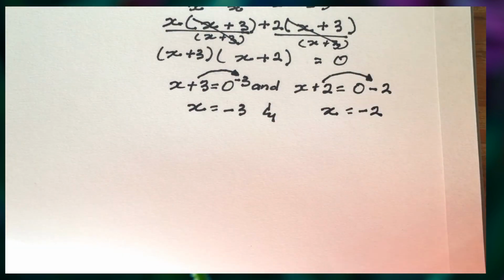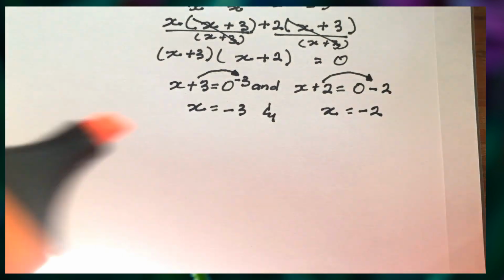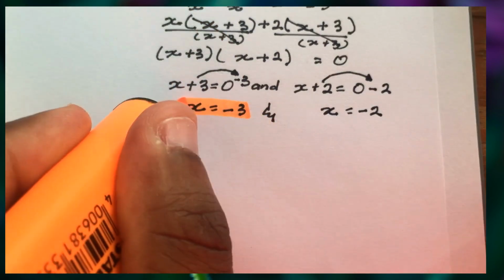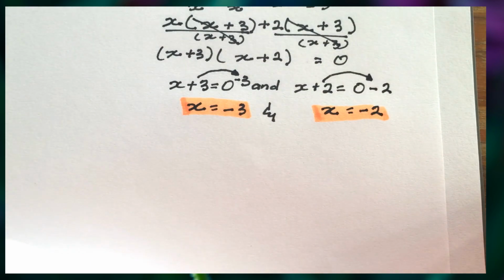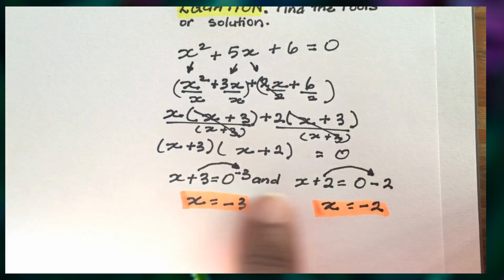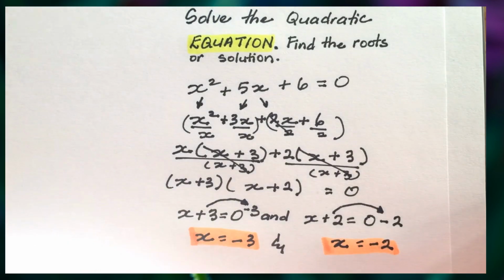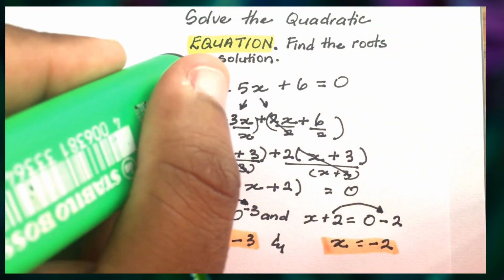So x is going to be either negative 3 or negative 2. Notice that we have two values for x. And the reason why we have two values for x is because it's a quadratic. And what that really is saying to us is the highest power is 2, which is this 2 here.